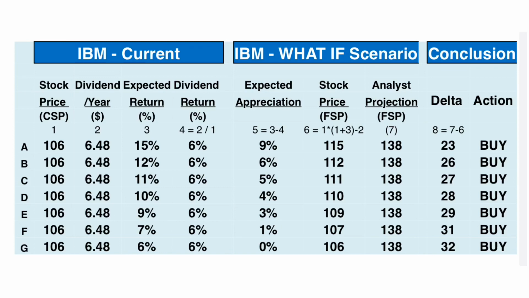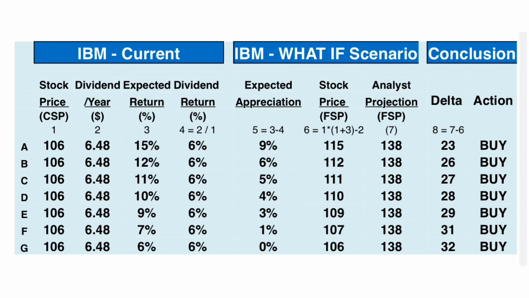So if it's going higher, then you are even better. What I need 1 year from now is for my $106 investment in IBM to turn into $115, which translates to a 15% return, compared to the analysts saying $138. So to me, this looks like a good buy because I have an upside of $23 compared to what analysts are saying.